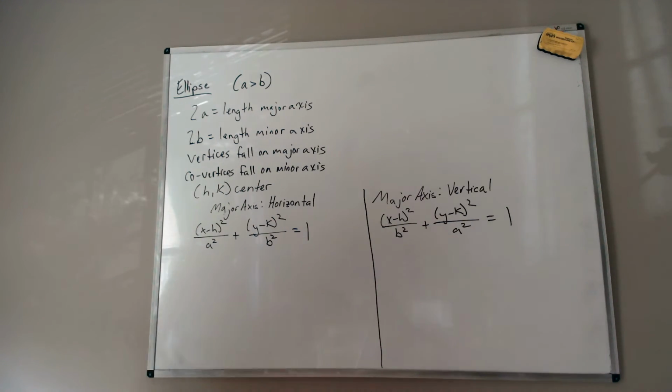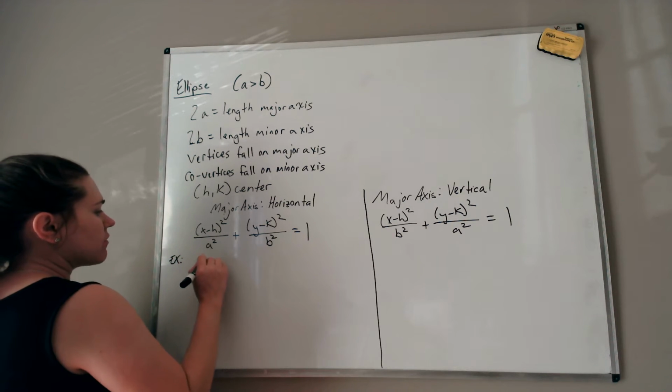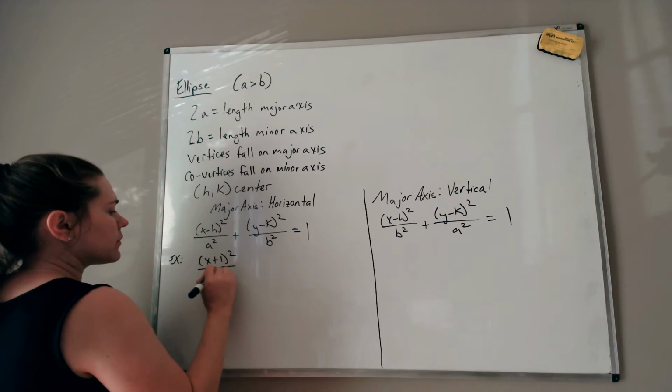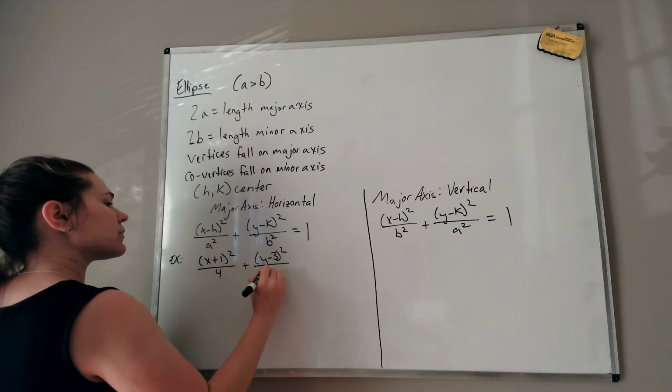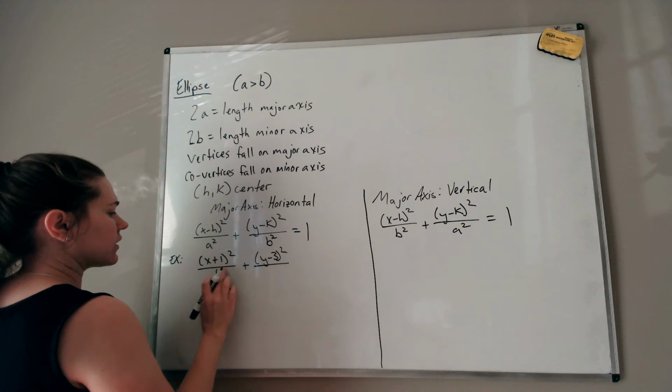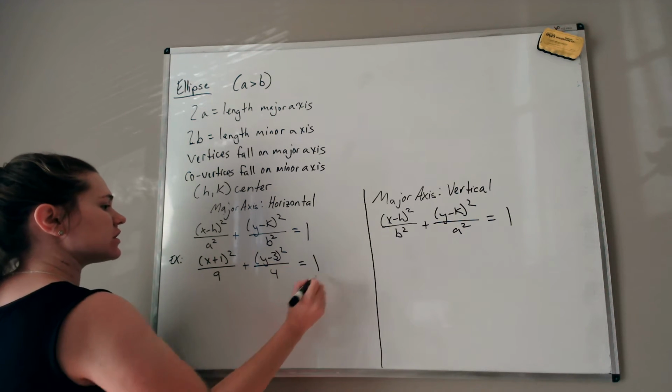Okay, so now I'm just going to give you an example. So an example would be (x plus 1) squared over 4 plus (y minus 3) squared over, actually let's make this a bigger number. Make that 9, we'll make this 4, equals 1.